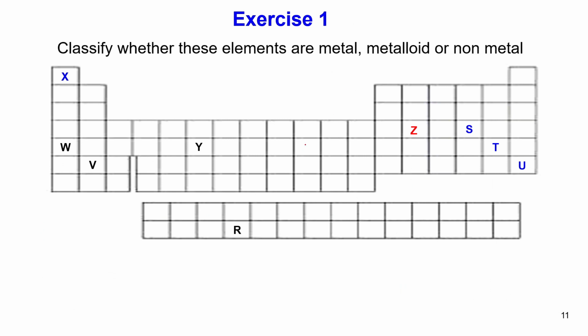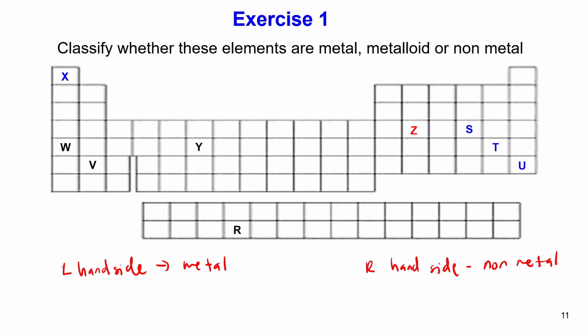For the first exercise, classify elements that are metal, metalloid, or non-metal. So remember, on your left hand side, all elements are metal. Right hand side, all elements are non-metal.